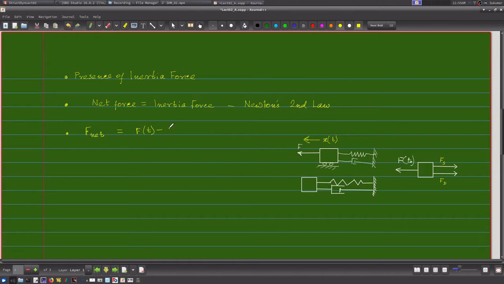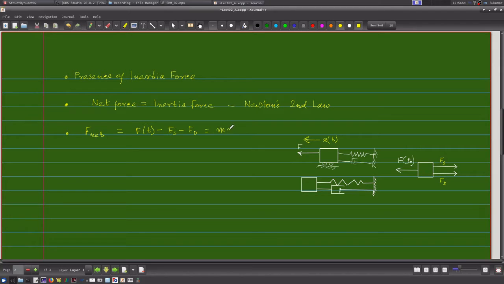So Ft minus Fs minus Fd is my net force acting on the mass, and since the net force is equal to the inertia force, this must be equal to the inertia force. And what is inertia force? I know that it is mass times the acceleration.